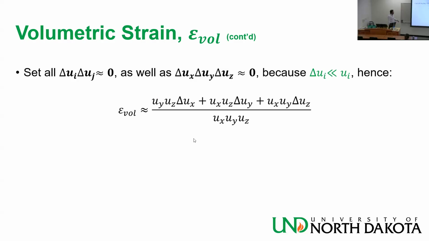So the volumetric strain simplifies to this: uy uz delta ux plus ux uz delta uy plus ux uy delta uz divided by ux uy uz. The denominator stays the same, obviously. But what can I see here?